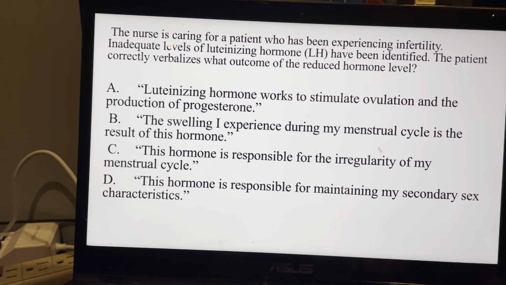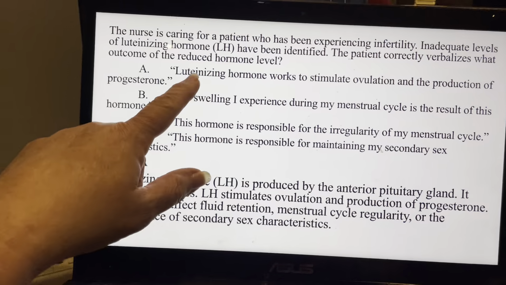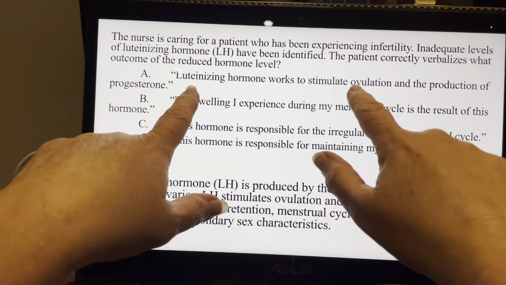The swelling I experienced during my menstrual cycle is a result of this hormone. The hormone is responsible for the irregularity of my menstrual cycles, or the hormone is responsible for maintaining my secondary sex characteristics. If you're an OB, you got to know this. Luteinizing hormone causes ovulation.